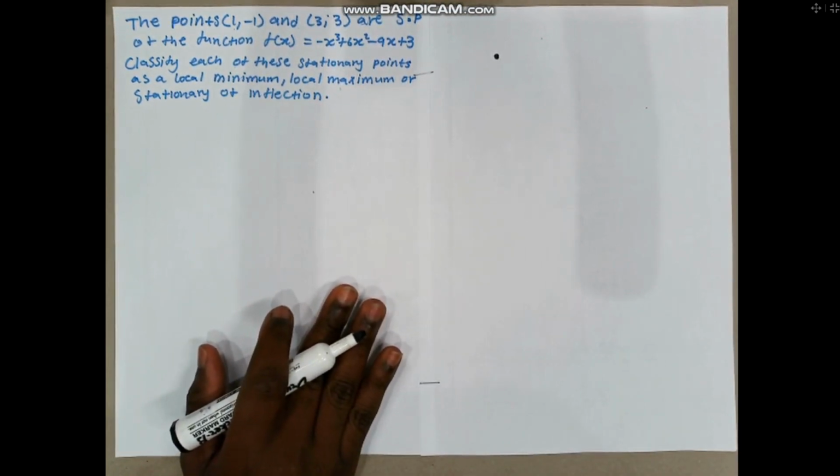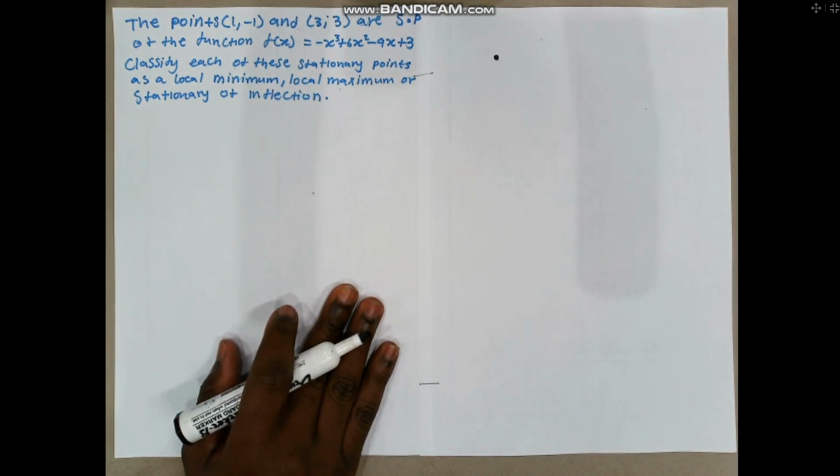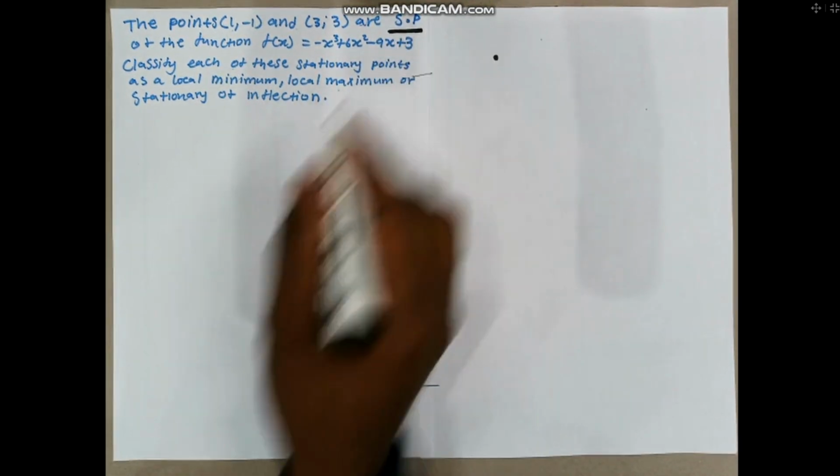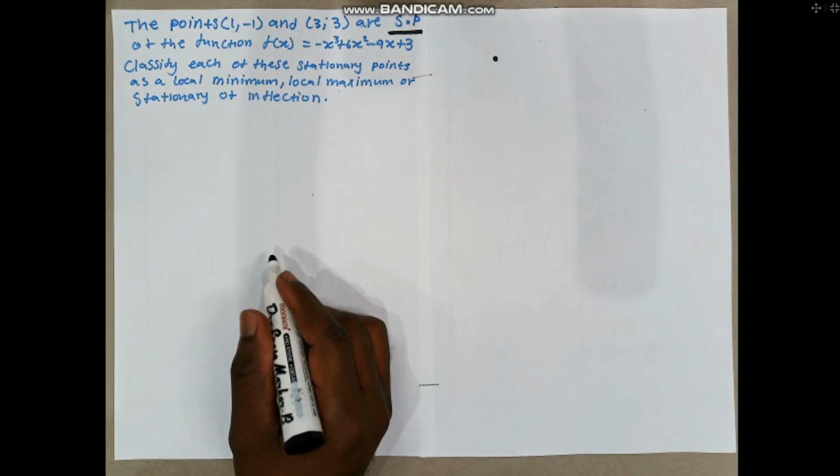Now from this example, they are saying the point (1, -1) and the point (3, 3) are stationary points of the function f is equal to -x cubed plus 6x squared minus 9x plus 3. Then they are saying classify each of these stationary points as a local minimum, local maximum or stationary point of inflection.